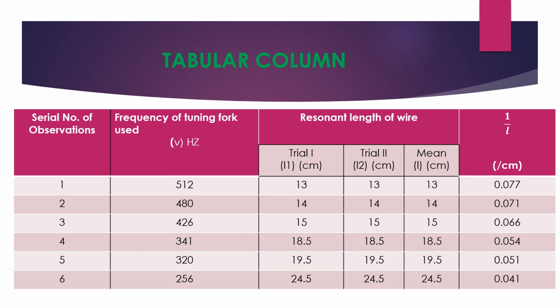For 320 Hz we are getting 19.5 centimeter as the resonant length, and the reciprocal of length we are getting 0.051. For 256 frequency of the tuning fork we are getting 24.5 as the resonant length and 0.041 as the reciprocal of the length.